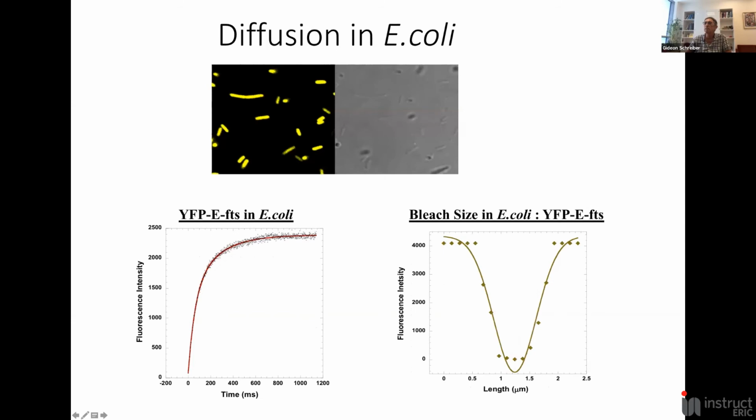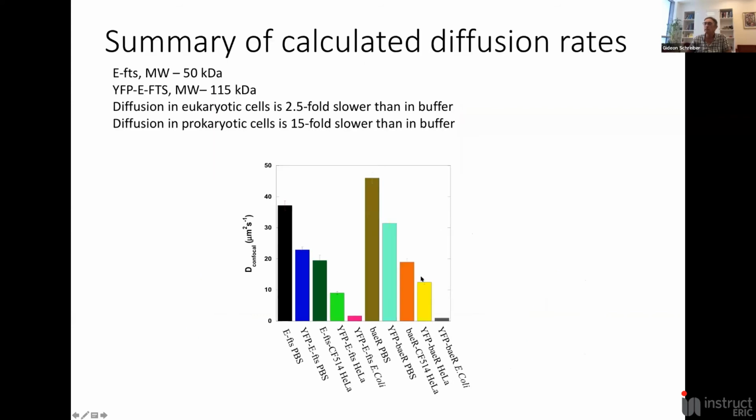We can do the same also in E. coli, so not only in eukaryotic cells, and again, our recovery curves are very nice. And also here, one can see that we get very nice results for the RE. Overall, this means that we can now compare in different media. We can use this method to compare our bleach times.